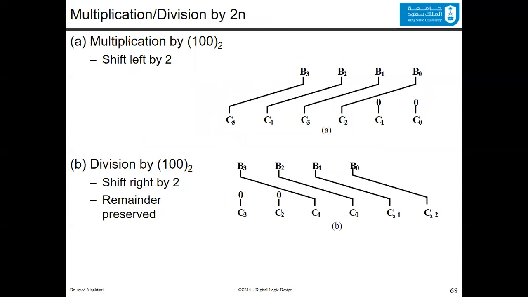Now, multiplication and division by a number, this number is a constant.